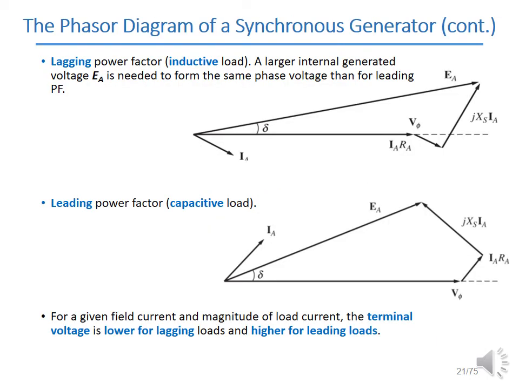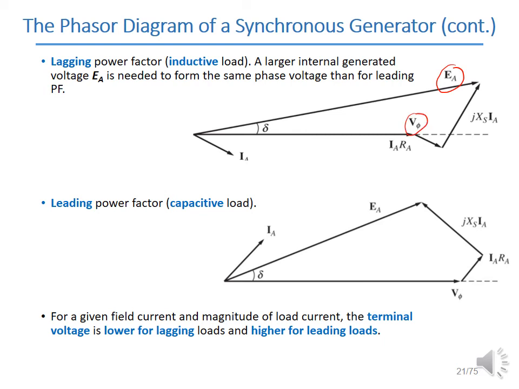The second one is for the lagging power factor, i.e. an inductive load, and here again the internal generated voltage is larger than the phase voltage.